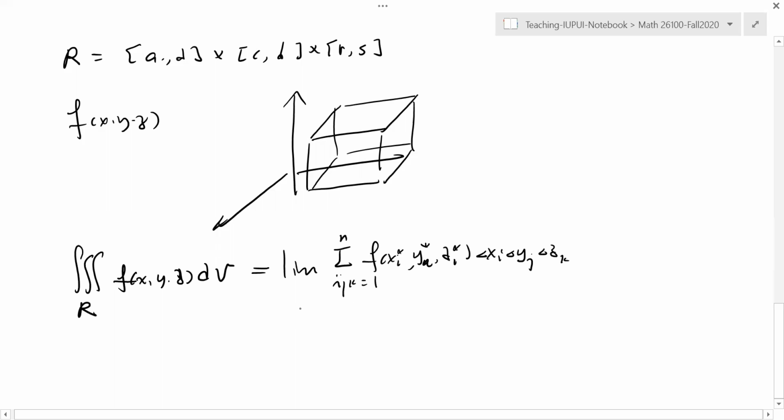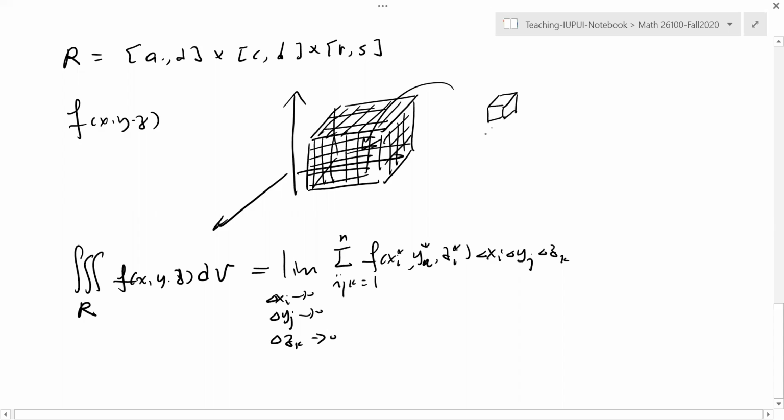Now what does that mean? I divide this box into many smaller cubes. Inside there's a smaller cube with sides delta x_i, delta y_j, and height delta z_k.